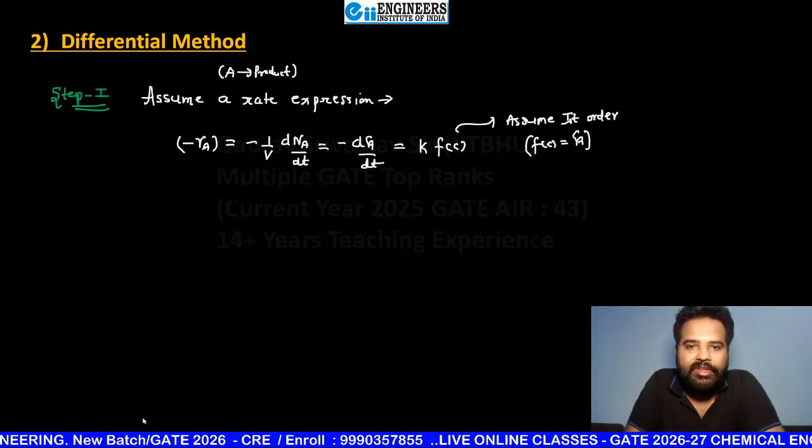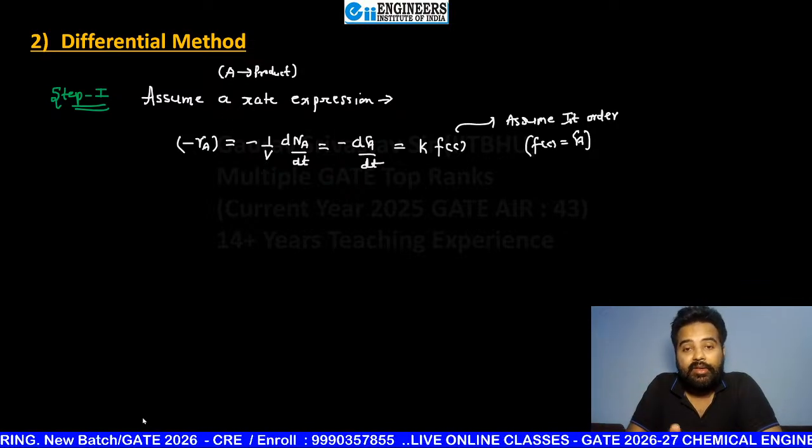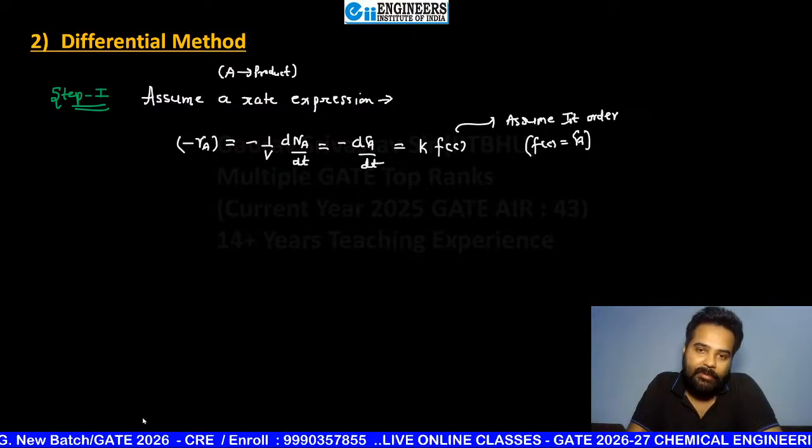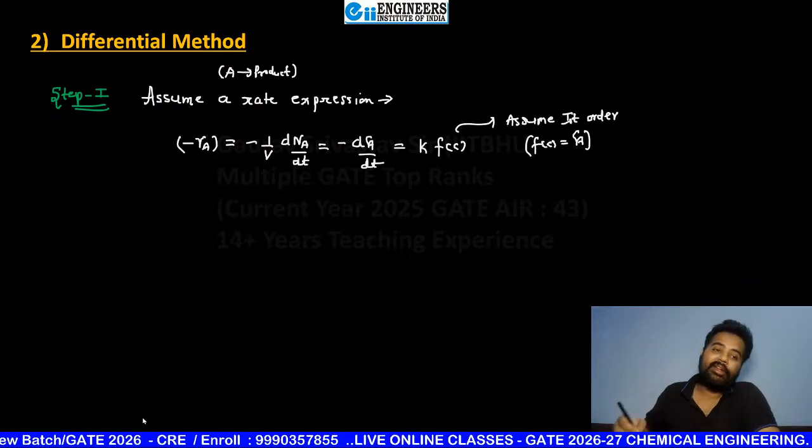Now in the second step, the good thing is that now you are directly going to perform an experiment to obtain the T versus CA data.